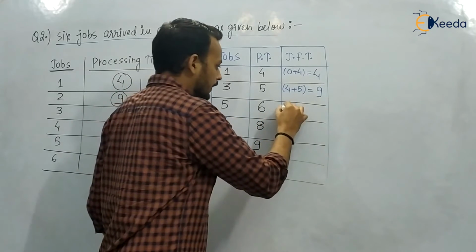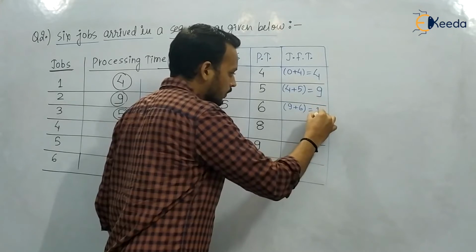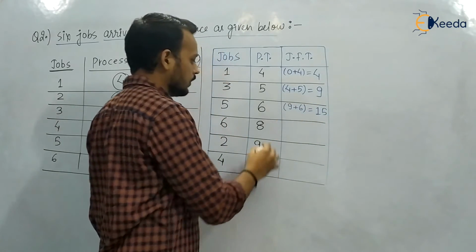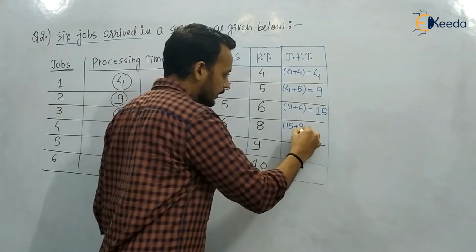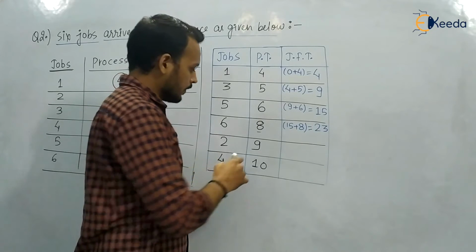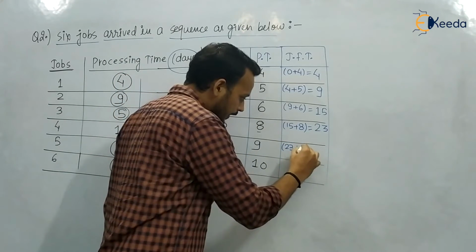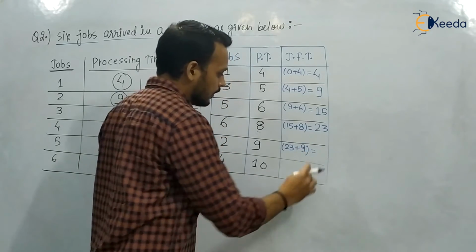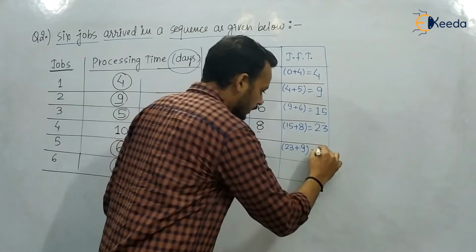Again, the waiting time is 9 and the processing time is 6, so it is 15. Now the waiting time is 15 and the processing time is 8, so the total job flow time is 23. Now the waiting time is 23 plus the processing time 9, so the total job flow time is going to be 32.